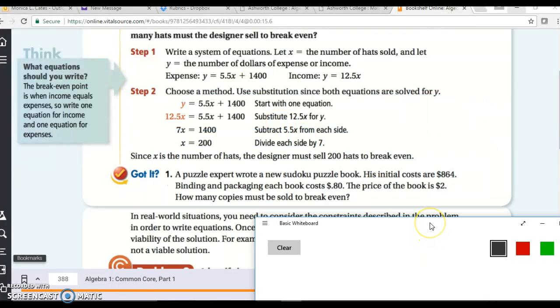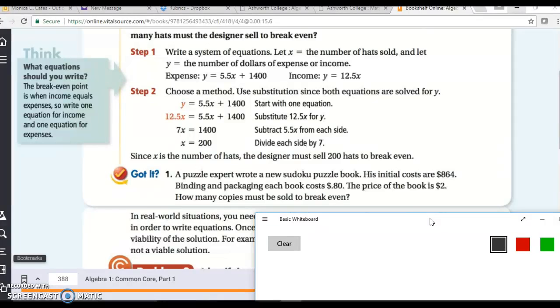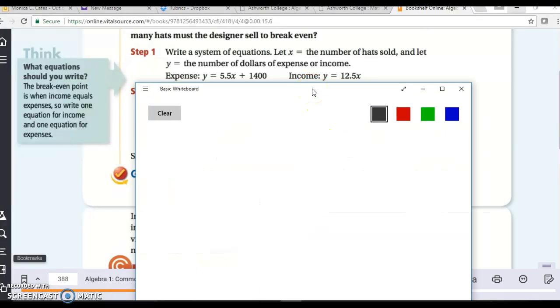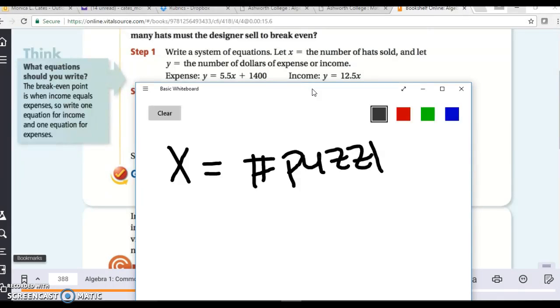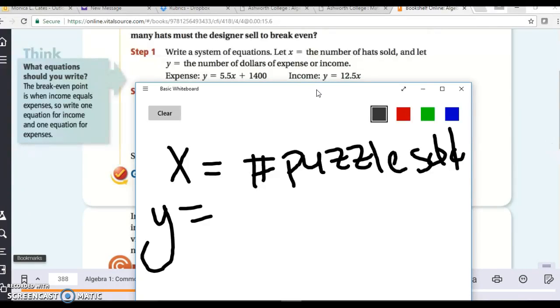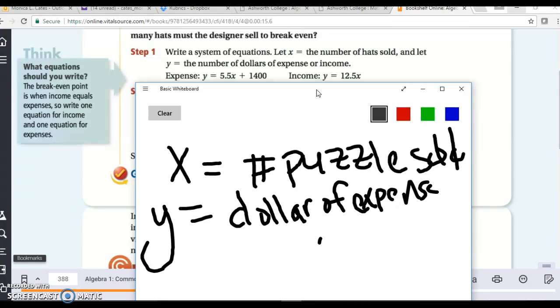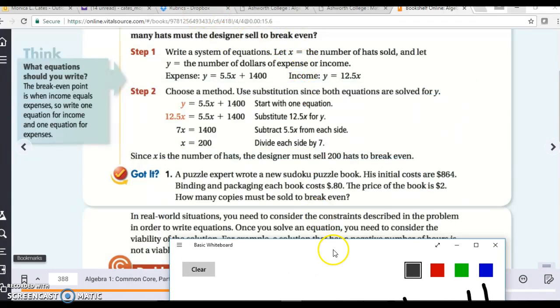We'll say X represents the number of puzzles sold, and Y equals dollars of expense or income. Okay, so it's just like we did before.